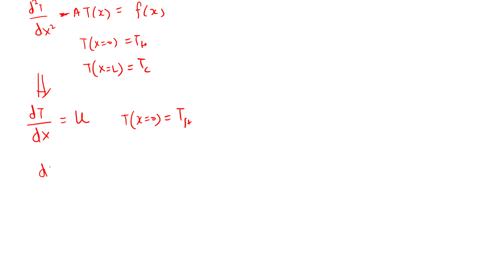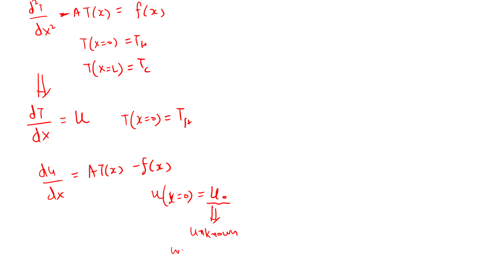The second part is du over dx is equal to a T x minus f x, where u at x equal to 0 is u naught. This is unknown. We will assume this to satisfy T at x equal to L is equal to T c.